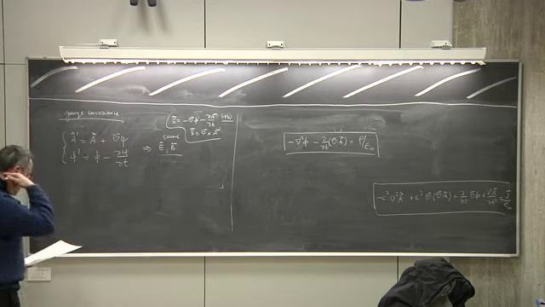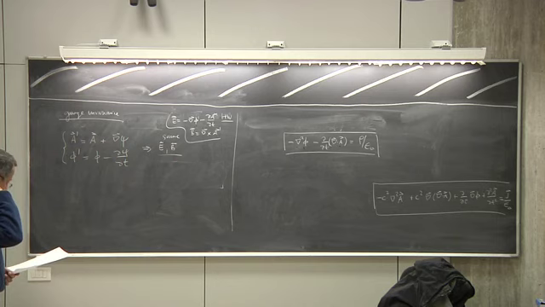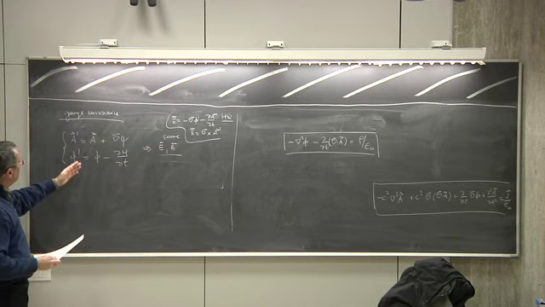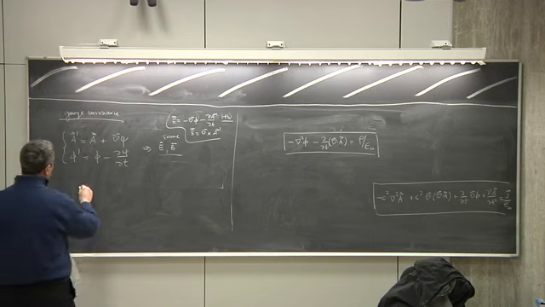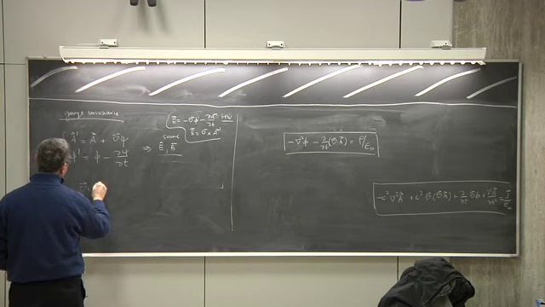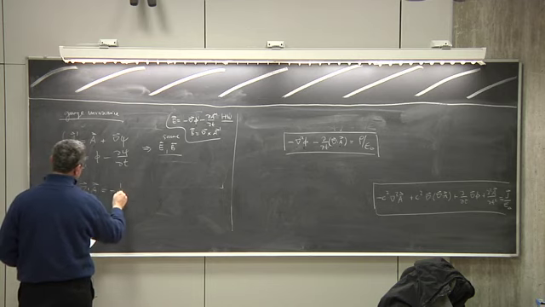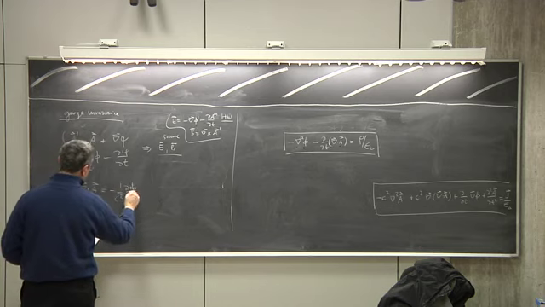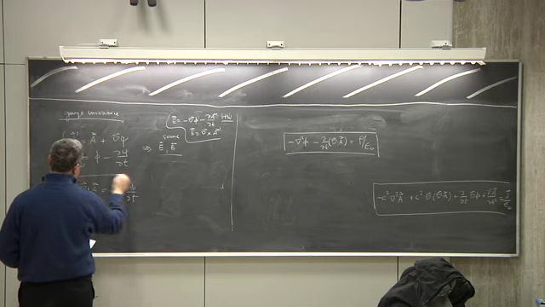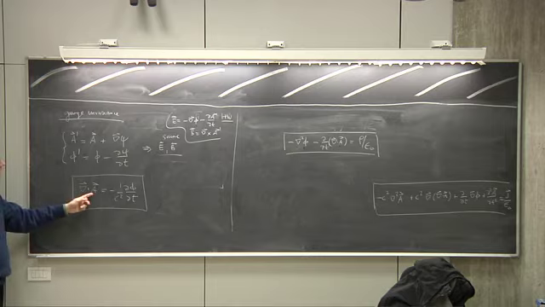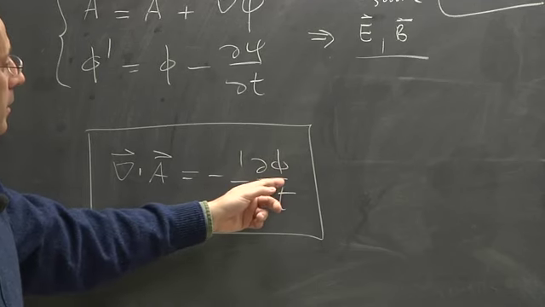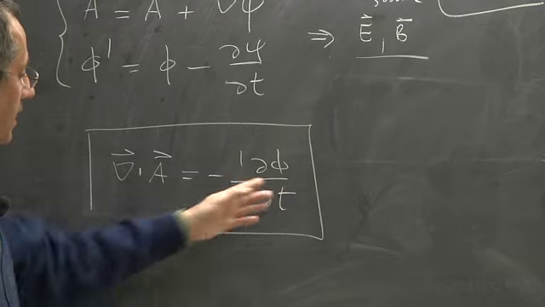Then you see that this allows us to always change the vector potential and the scalar potential in such a way that this equation is satisfied. Meaning that you start with an A and a phi that do not satisfy this equation.